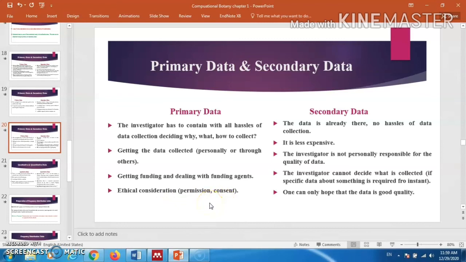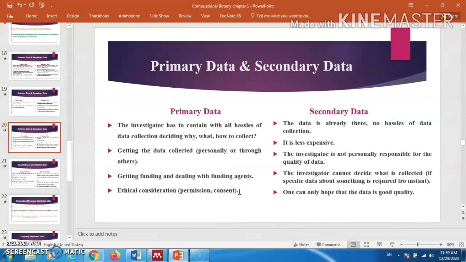Suppose, for example, you have to visit a particular place, such as a laboratory or a biodiversity spot. You have to ask for and get the permission of that particular authority.